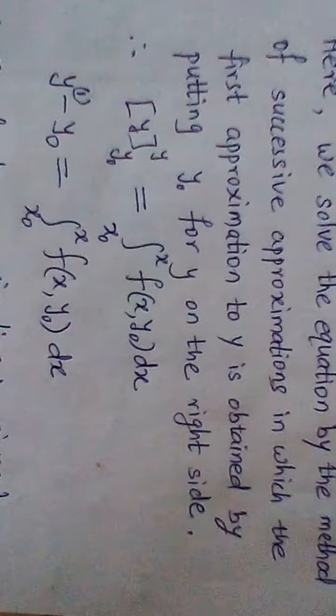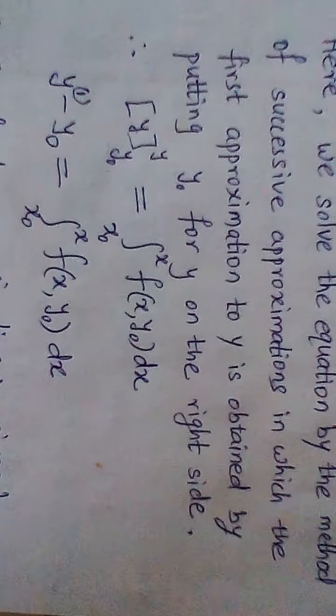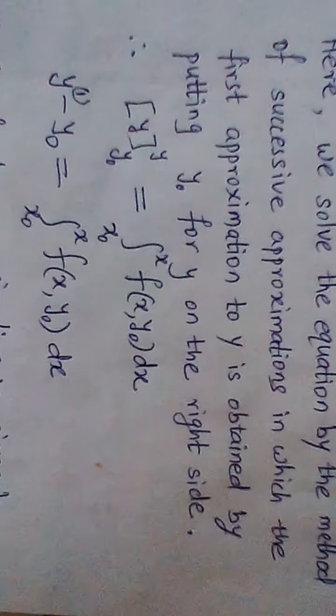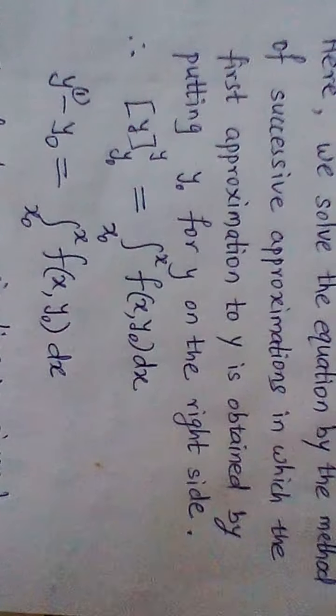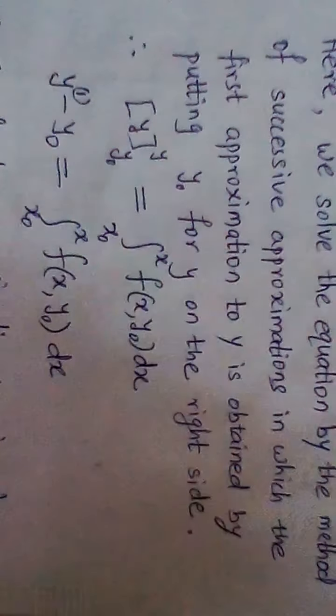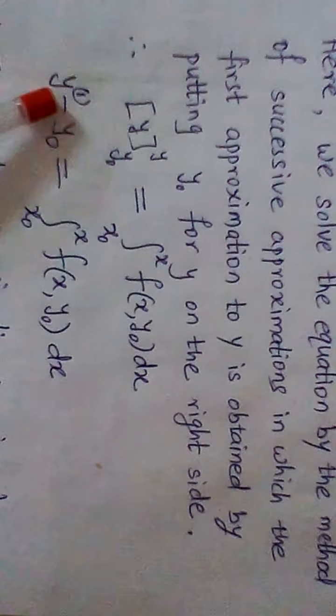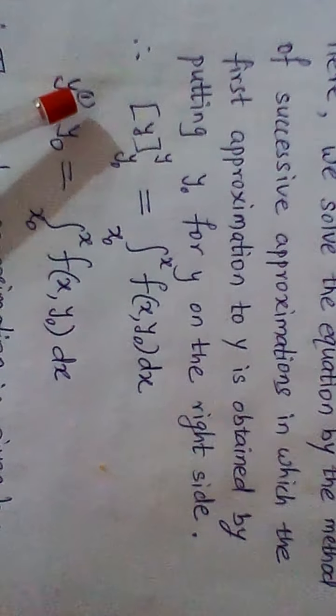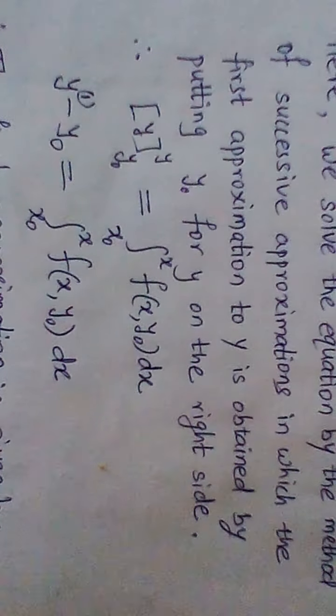After integration, what I am getting is the value of y minus y naught. Y naught is the fixed initial value. Y is unknown. So whatever y we get is our first approximation, and that is why we are denoting it as y1. So this is the first approximation. So we are putting 1 in the right top corner in bracket.